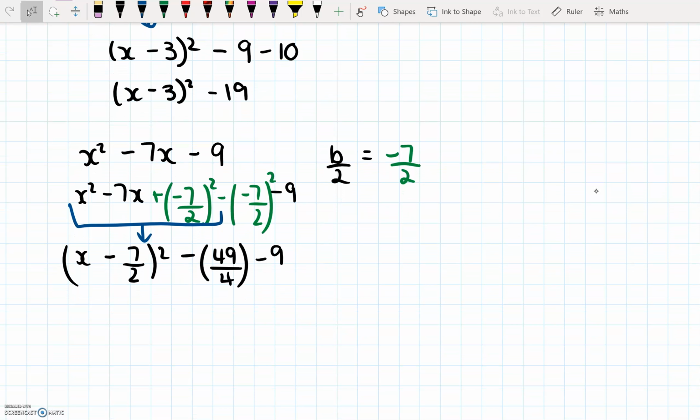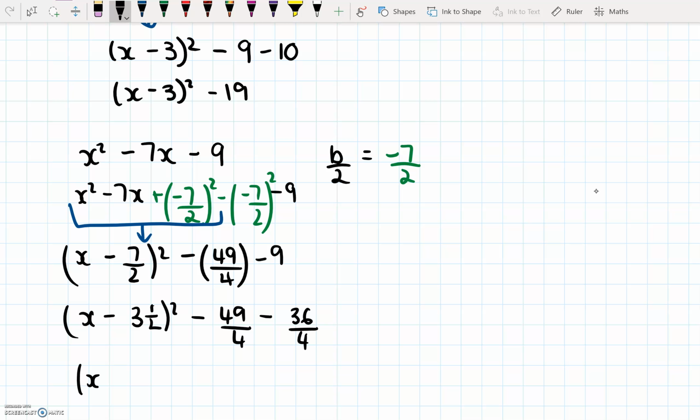So we've got x minus, and you can change it now to 3.5 if you like it better, (x − 3.5)² − 49/4 − if we change this to over 4, we get 36/4. So (x − 3.5)² − (49 − 36) which is 85/4.